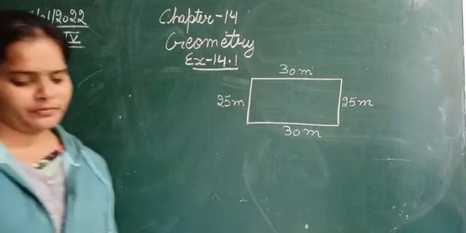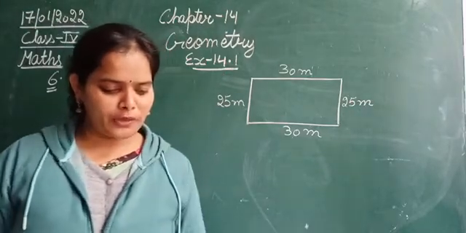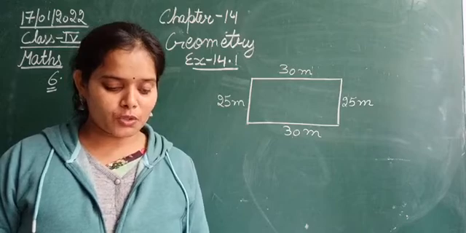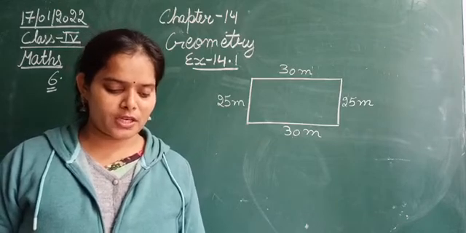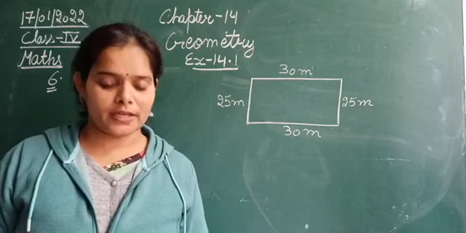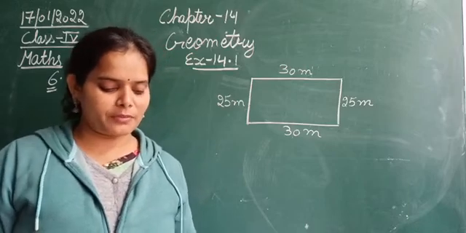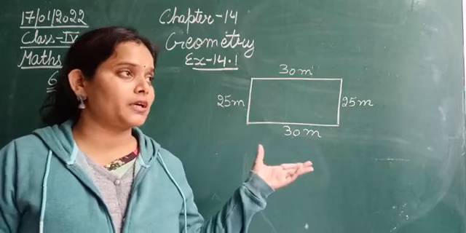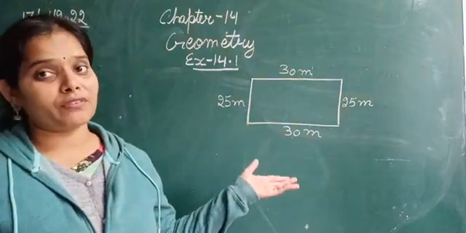Now, find the total length of boundary wall needed to fence this ground. Here they have mentioned the shape of the ground and given the measurements as well.